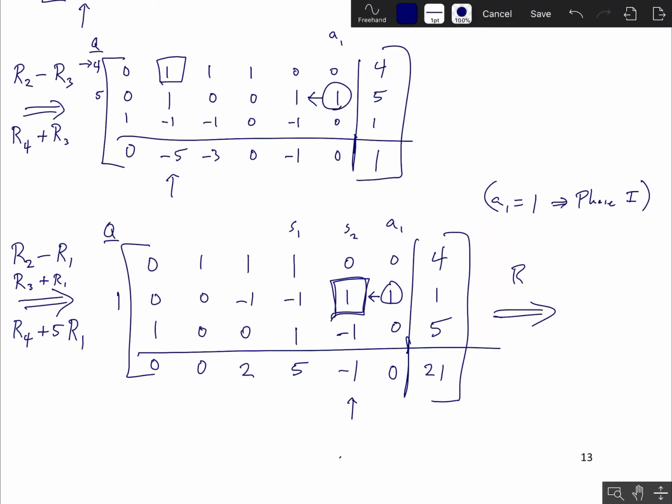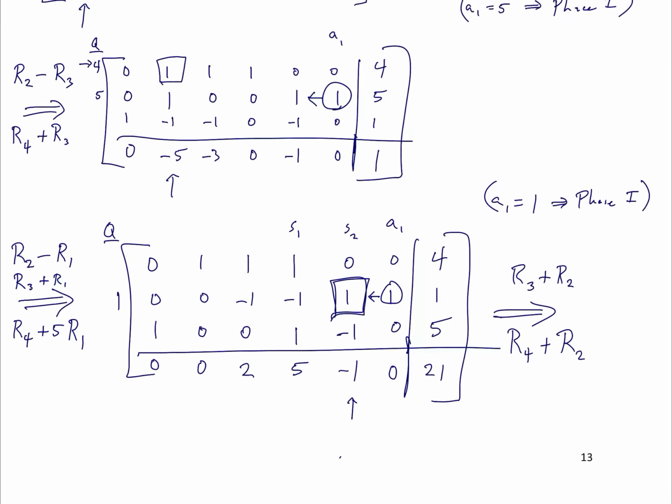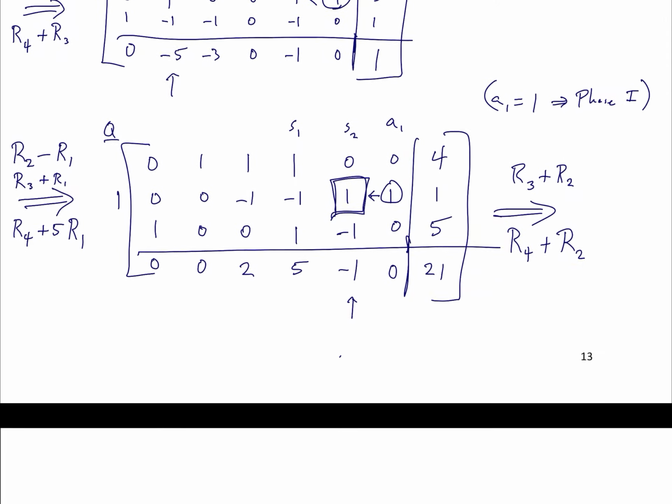So we need to fix these two entries. In order to do that, I would take row 3 and add the pivot row, and then I would take row 4 and add the pivot row. So for both of these, I'm just adding row 2. And you can just trust me on this next row operation since we can't really do it side by side with the current matrix.